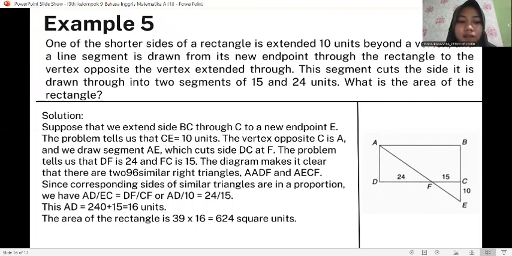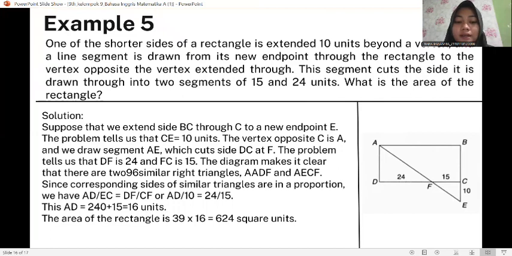The diagram makes it clear that there are two similar right triangles, triangle ADF and triangle ECF. Since corresponding sides of similar triangles are in proportion, we have AD divided by CE equals DF divided by CF.